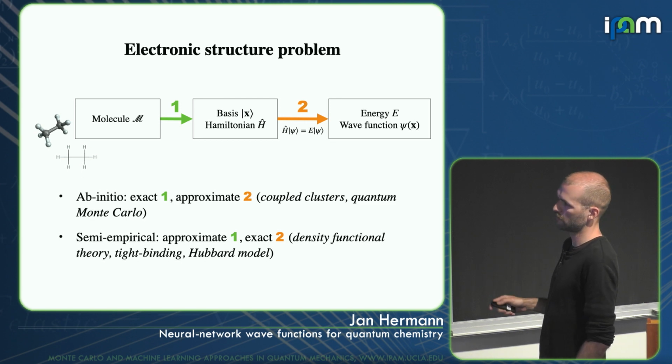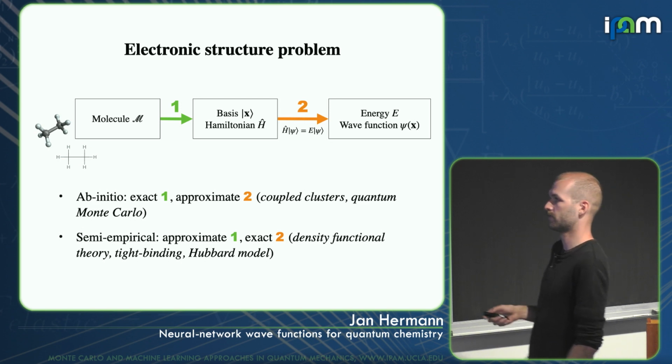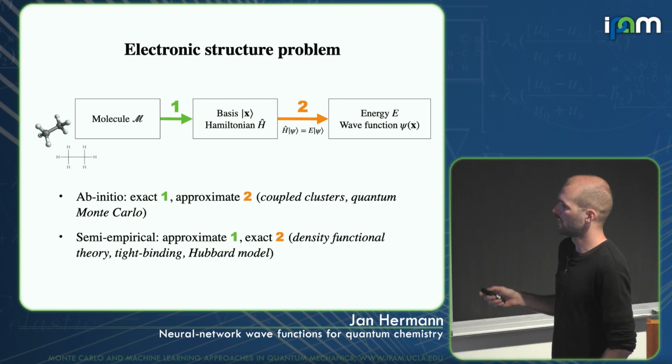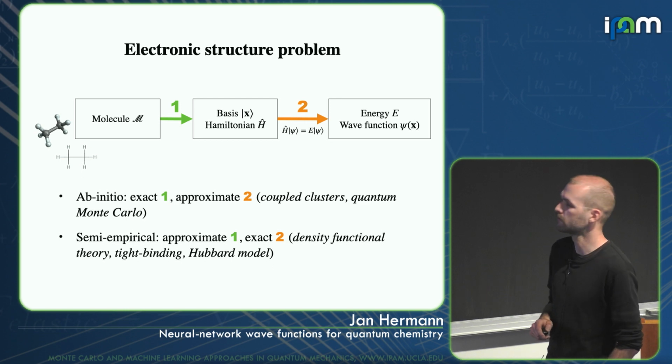And then the other broad class of methods would be where you make the first step more complicated. You want to write down some approximate Hamiltonian that best captures the kind of properties that you're interested in for your system, and you have in mind that you want to write it such that it's simpler than the exact one, so that the second step you can then solve exactly, right?